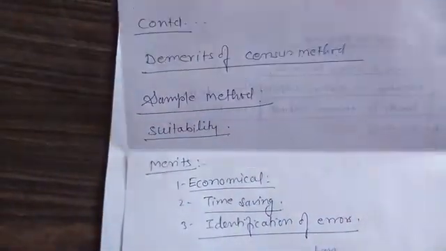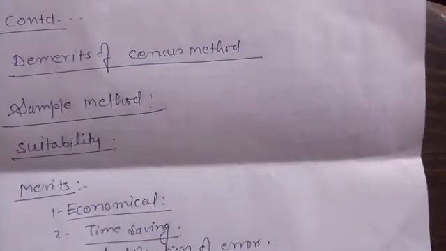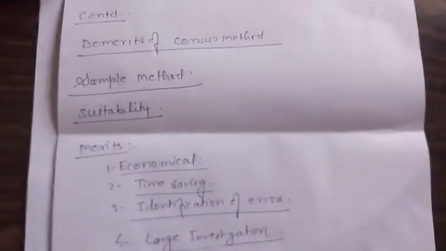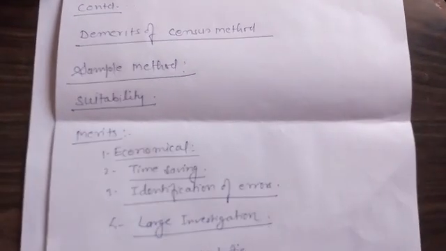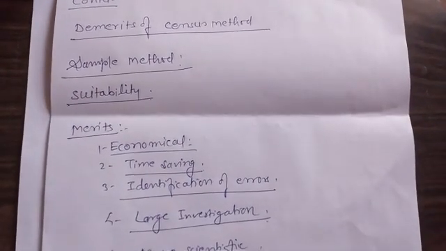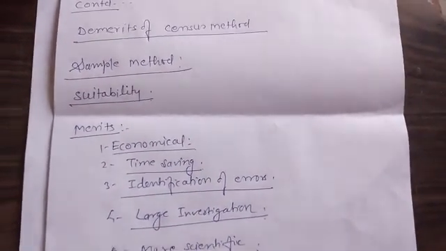Difficulty in selecting representative samples, and there is a difficulty in how to select the samples while using sample method. Difficulty in framing a sample. Sometimes the universe may be so diverse that it becomes difficult to frame a sample.